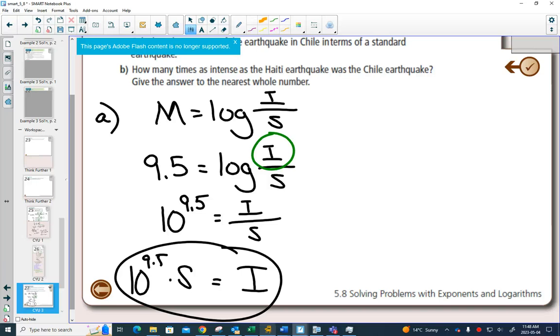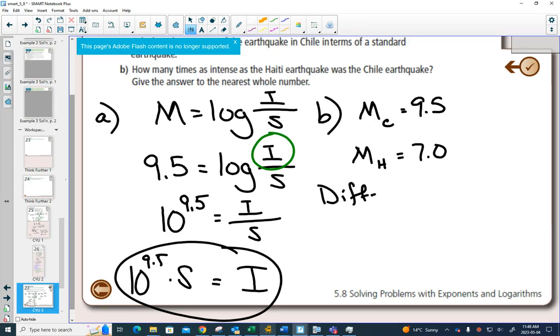Now, more typically, you will get questions like part B, which get you to compare two different earthquakes. We know from this question that the magnitude in Chile, which I'm going to do with a little c here, was 9.5. And from the question on the other side, it tells us that the magnitude of the earthquake in Haiti was 7. And this is the shortcut, which makes this really easy.